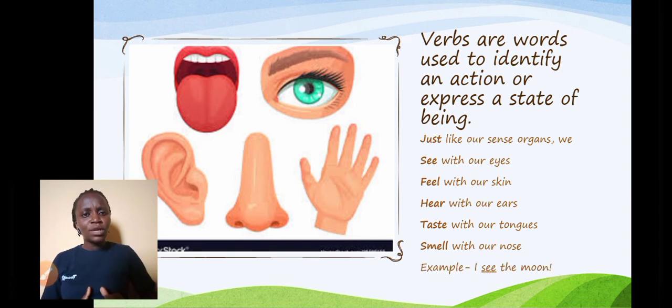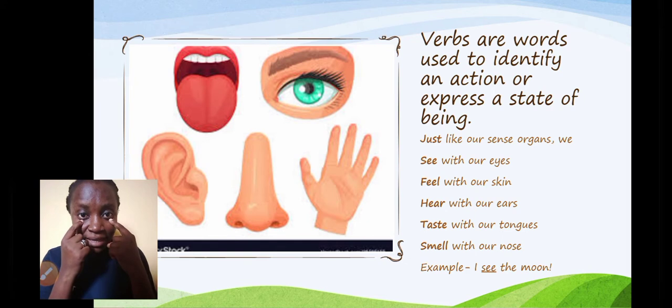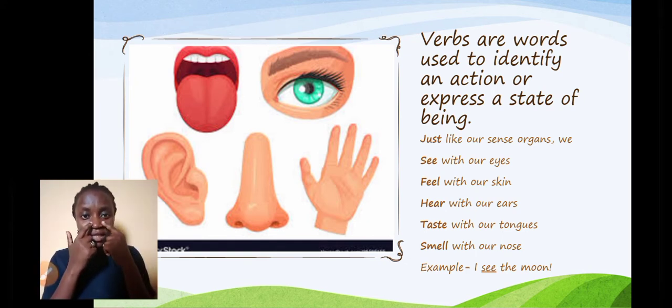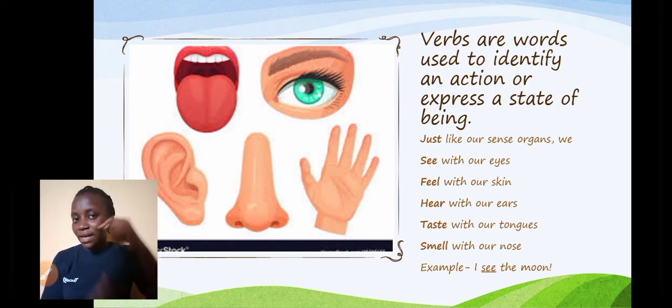So you can say, I smell a rat. Or you can say, I see the moon. The act of seeing, the act of smelling, the act of hearing, they are all activities, they are all actions. And these words that have been used to identify these activities are called verbs.